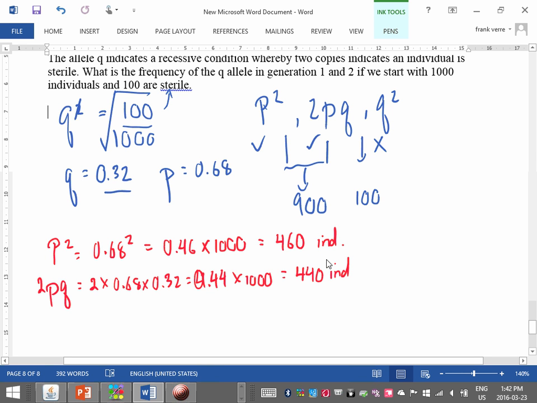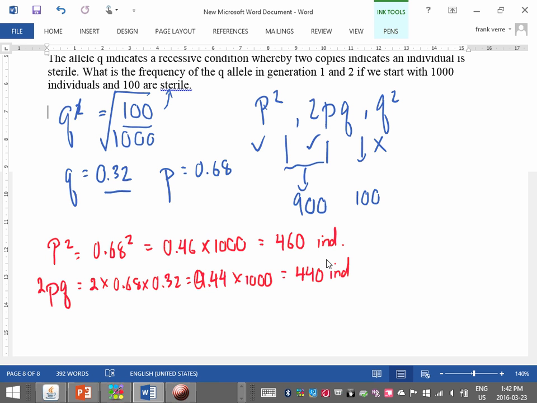So there's our 900 now. We know the makeup. Look, this is statistics, right? Is it exactly 460 and 440? Maybe not, but this is a prediction, and it's probably going to be pretty close to that. So 460 individuals are predicted to be P squared, and 440 are predicted to be 2PQ.